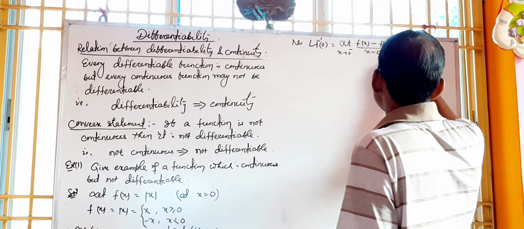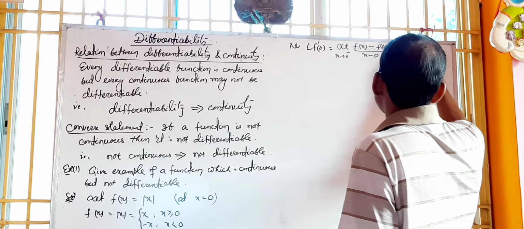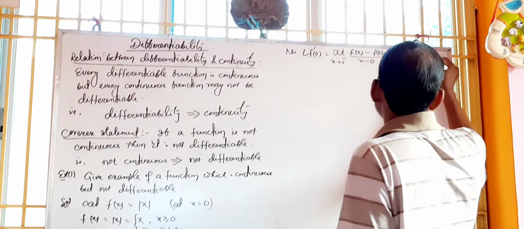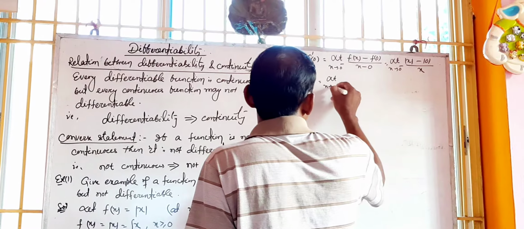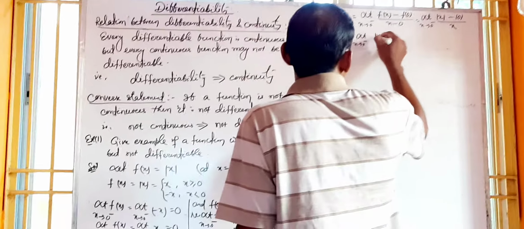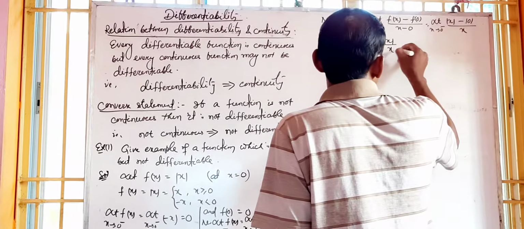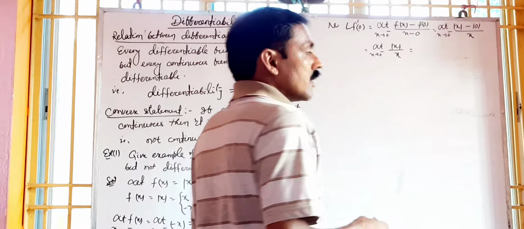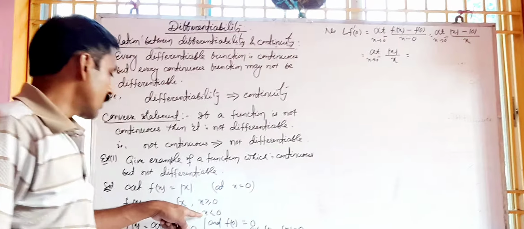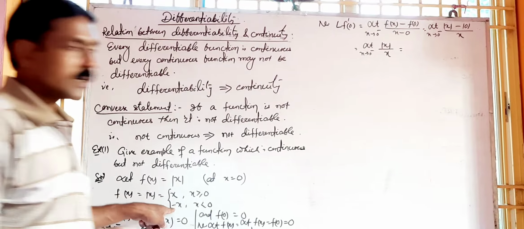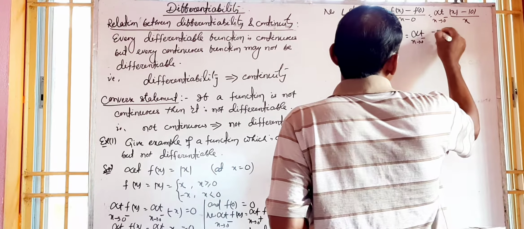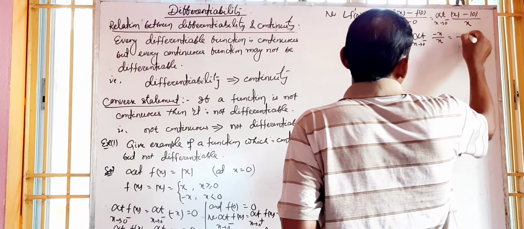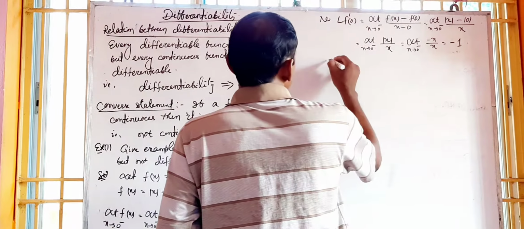So limit x tends to 0 minus of mod x minus mod 0 by x, which is limit x tends to 0 minus of mod x by x. Clear? Now when x is less than 0, what is the value of mod x? It is minus x. So here you can write limit x tends to 0 minus of minus x by x is equal to minus 1.